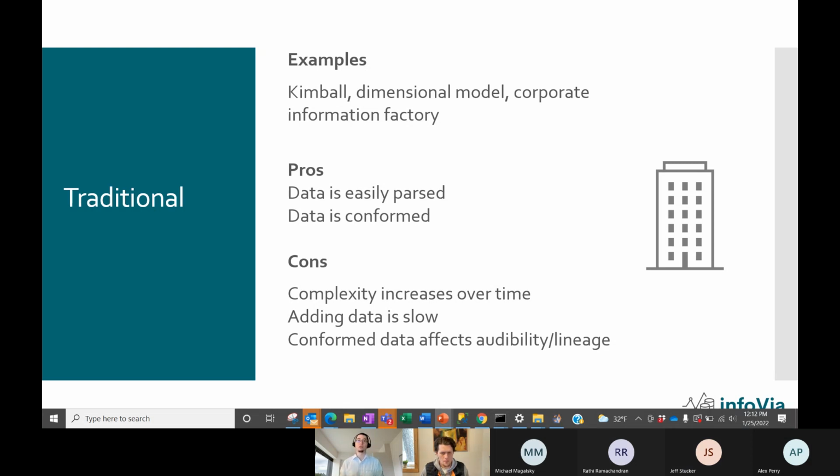They say if you want to know about a staff member, you go to the staff dimension and you get this information. Now, the downside to this approach, as we have all discovered, is that this is a very complex thing to add to these dimensions and to reshuffle the dimensions as you get new data sources. And there's constantly the question of what is the golden record?